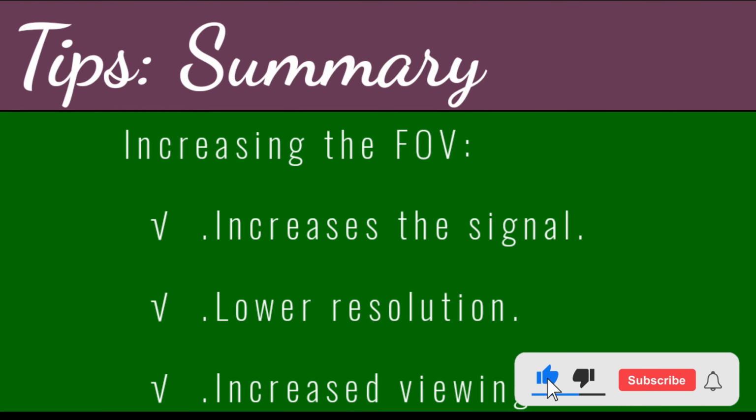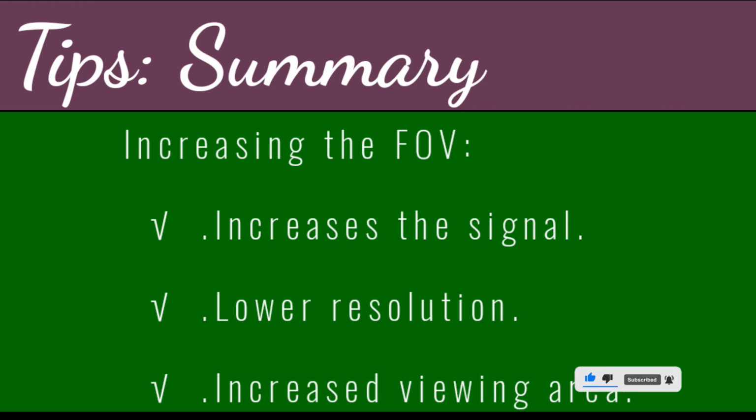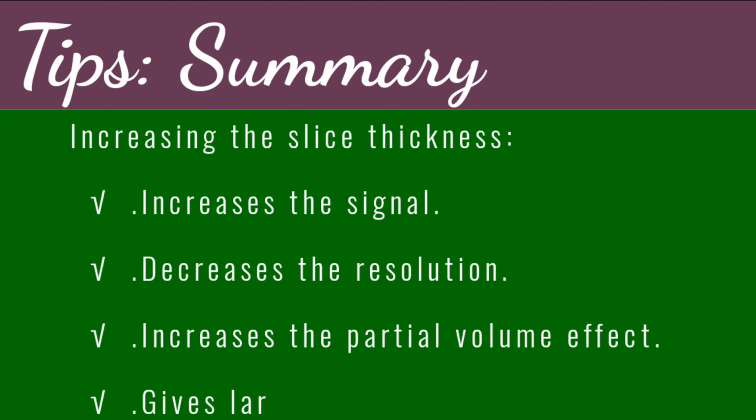Increasing the FOV: increases the signal, lower resolution, increased viewing area. Increasing the slice thickness: increases the signal, decreases the resolution, increases the partial volume effect, gives larger object coverage.